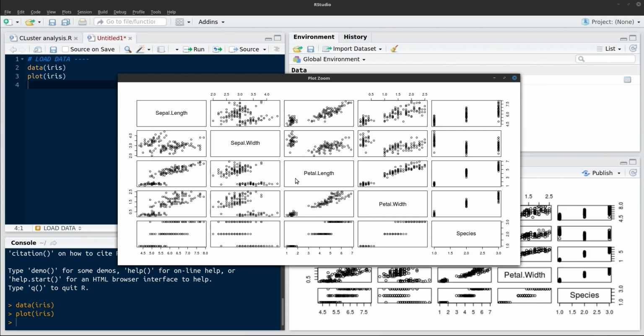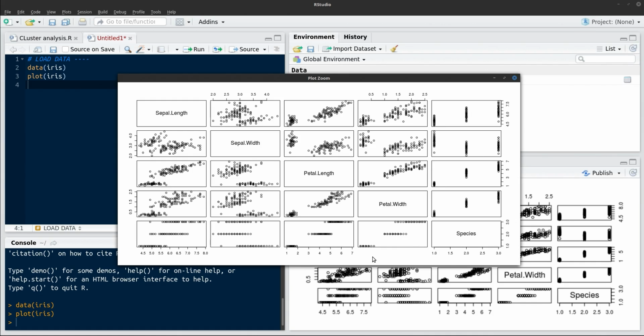So looking at this data, we can see that we have some clusters of observations of plants, and we want to be able to automatically identify these clusters and perhaps get an indication as to how many discrete clusters there are in our data set that may represent some real differences between different types of plants.